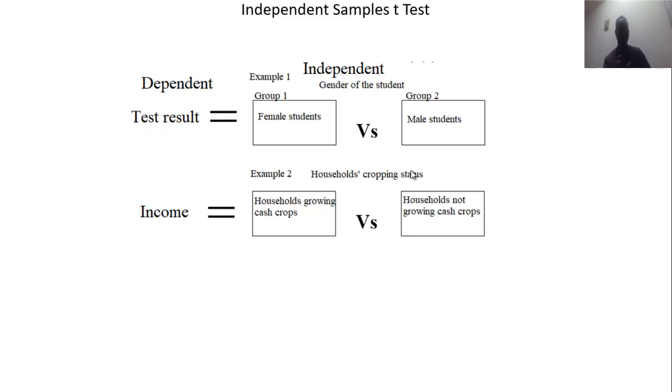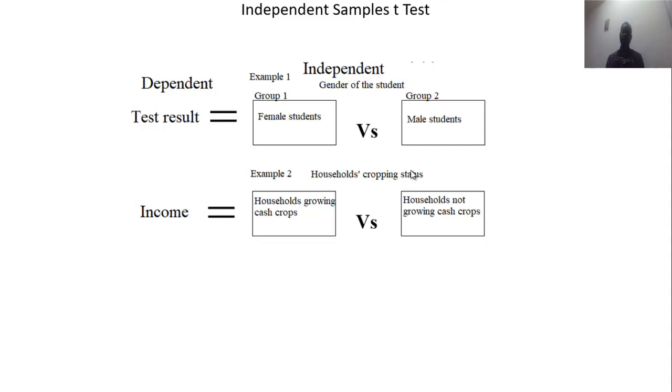Our interest is to find out whether there is a statistically significant difference between the households growing cash crops and those not growing cash crops. The independent sample t-test is used to find out the mean difference, the average difference.